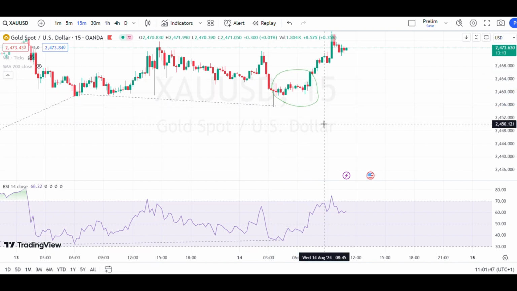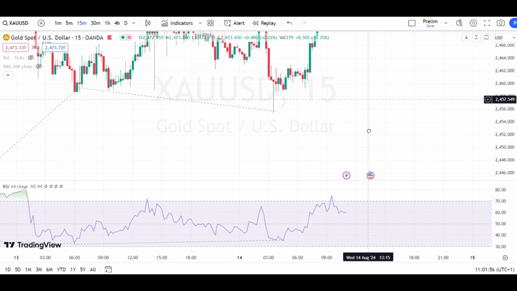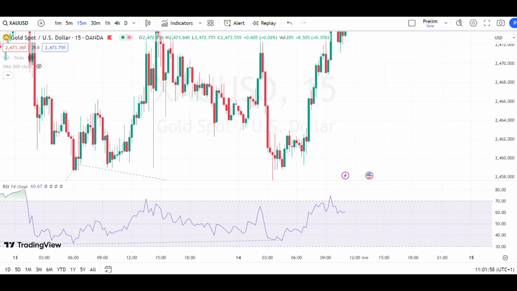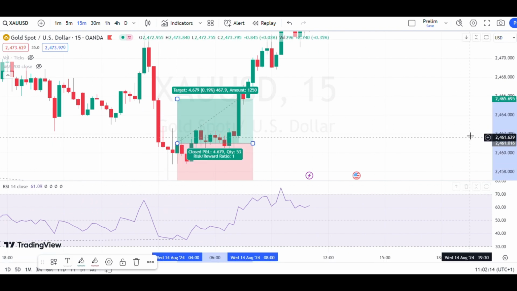So assuming we take this first one, the first engulfing setup there with a small fair value gap, though there is no fair value area around there. But let's assume we take this engulfing and we take a long positioning tool.